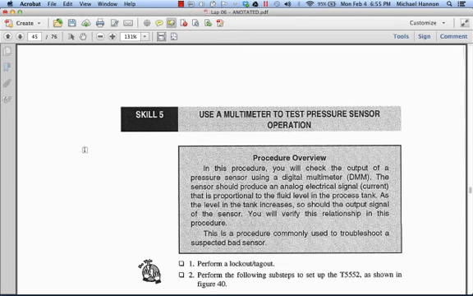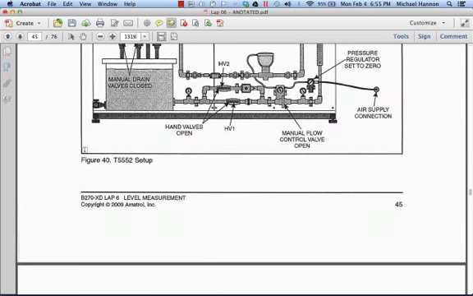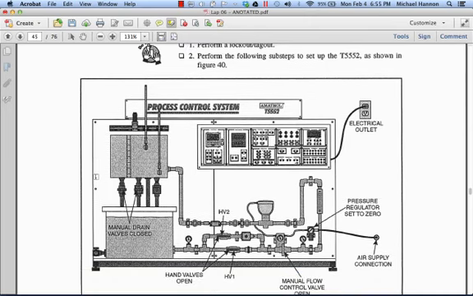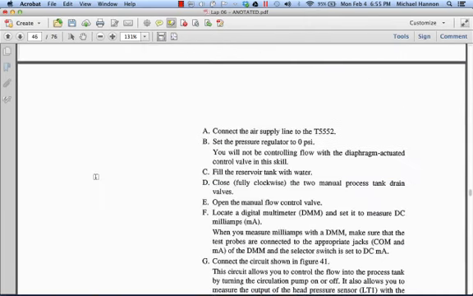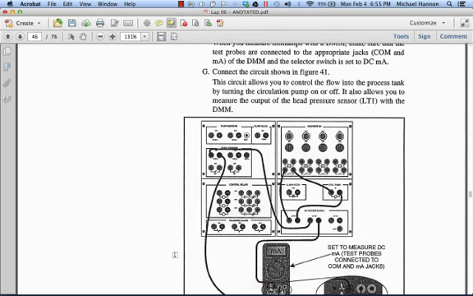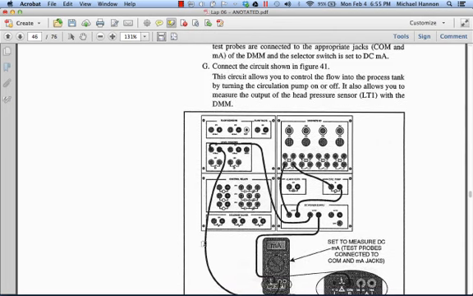Skill 5, it's on page 45. In Skill 5, you're going to be using the multimeter to test the pressure sensor. We had done that previously, where you do the hookups to the controller, and then you set up your multimeter so you can measure right out of the pressure sensor and get accurate readings from there.